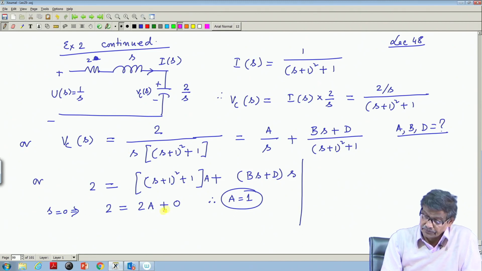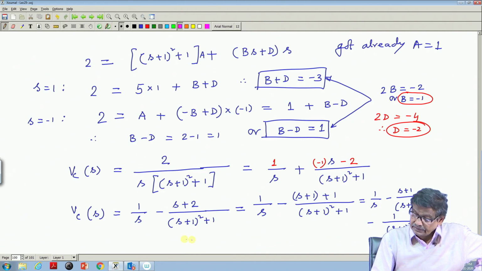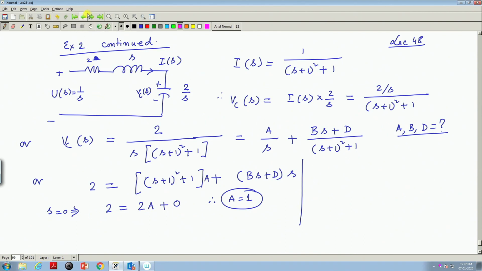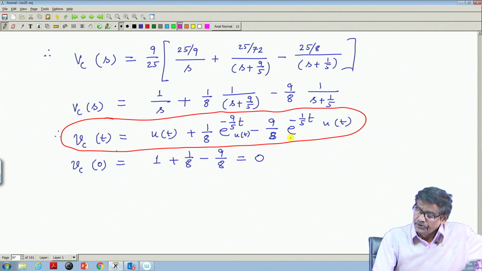Example 2 continued, V c t capacitor voltage. It is the first example capacitor voltage I did not get, na? Where is it? This is the capacitor voltage in the first example. If you sketch this waveform, it will be exponentially increasing to 1, got the point.